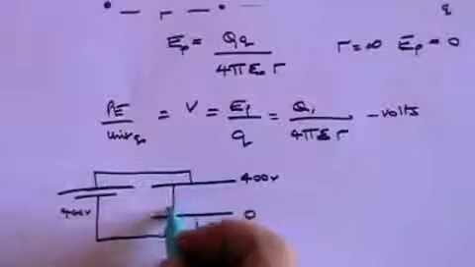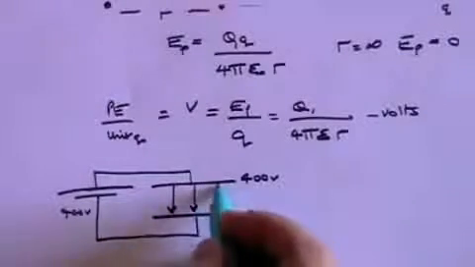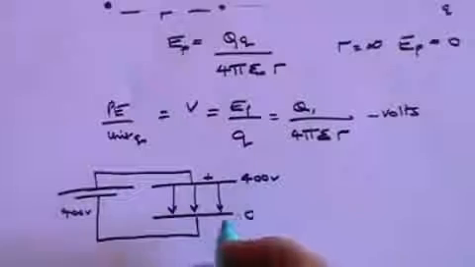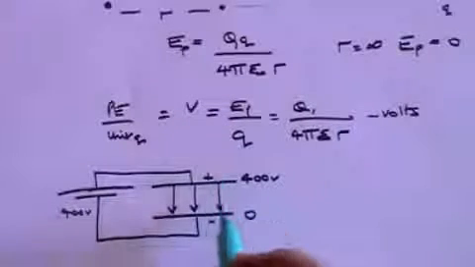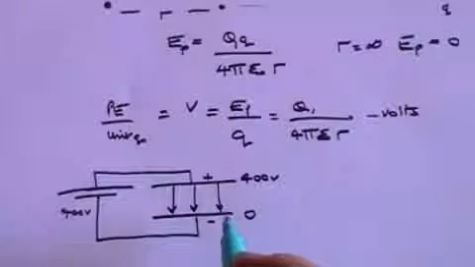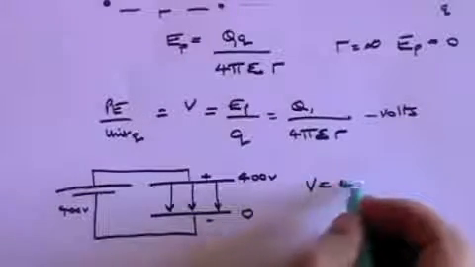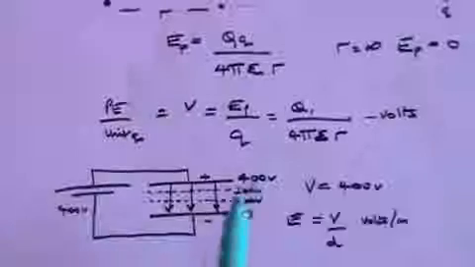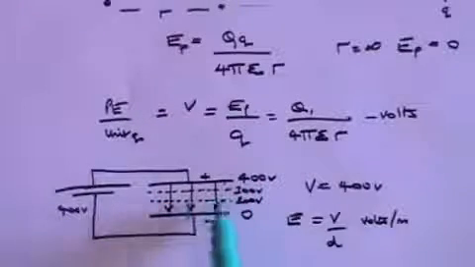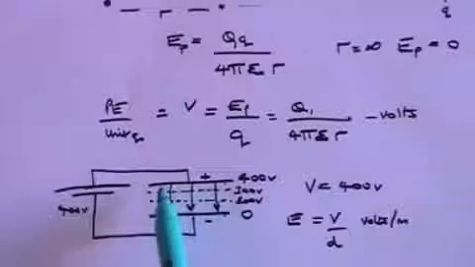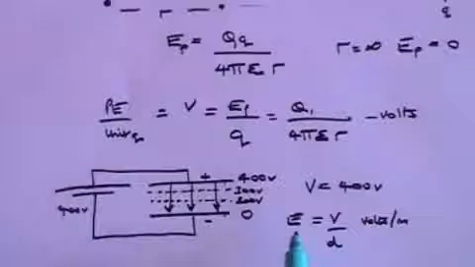And there will therefore be an electric field because this plate is positively charged, this plate is negatively charged. There is an electric field. And the voltage between the two plates, V, is 400 volts. The field strength, of course, is the same everywhere between the plates. E does not change.